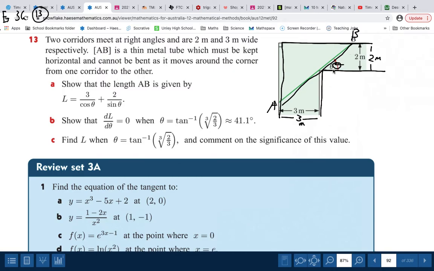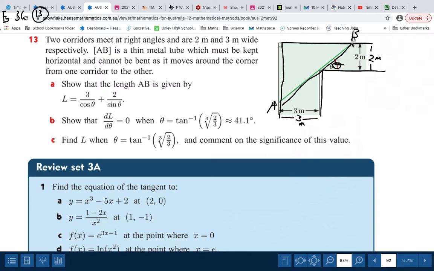Okay, I think the problem's clear. It's like you've got to get this long metal tube through these corridors, right? What's the longest tube you could get to go around that corner?